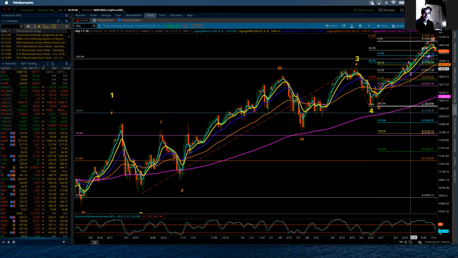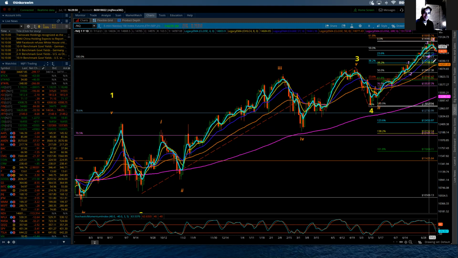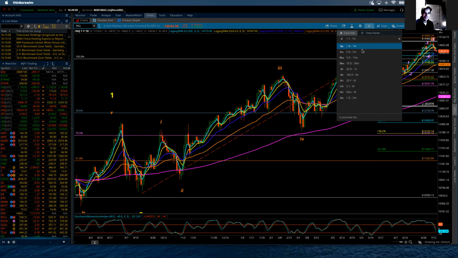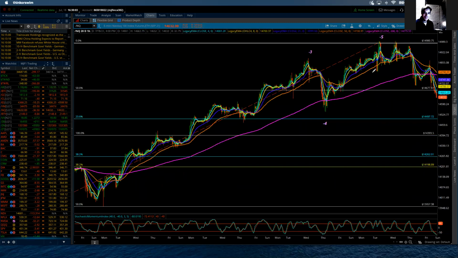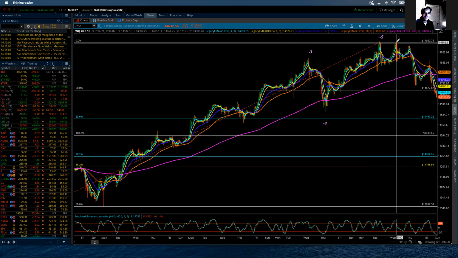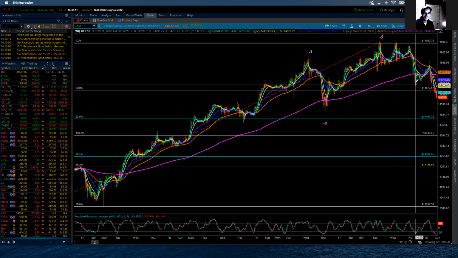This is complete. 1, 2, 3, 4, 5 is complete. So it's a new set. So definitely we can come down to here and still do a 5th wave. And let's see what transpires tomorrow, because we have to also work the count. And that has to work on the hourly. So I have to label it up. It could be A, B, 1, 2, 1, 2.